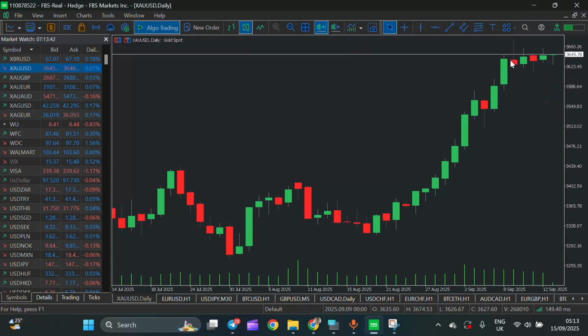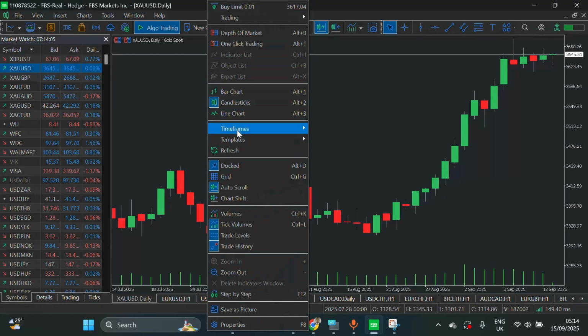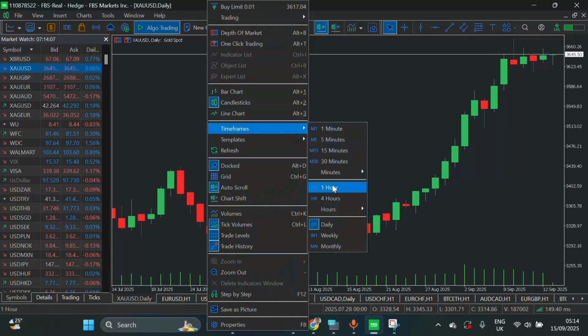You're seeing a bearish candle, and then a bullish candle, but all of them are of very low momentum, or the liquidity is somewhat low compared to the previous candles.